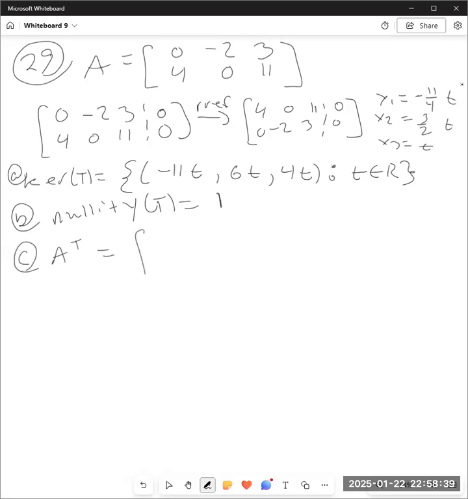Transpose here is 0, 4, -2, 0, 3, 11. I want to RREF that.